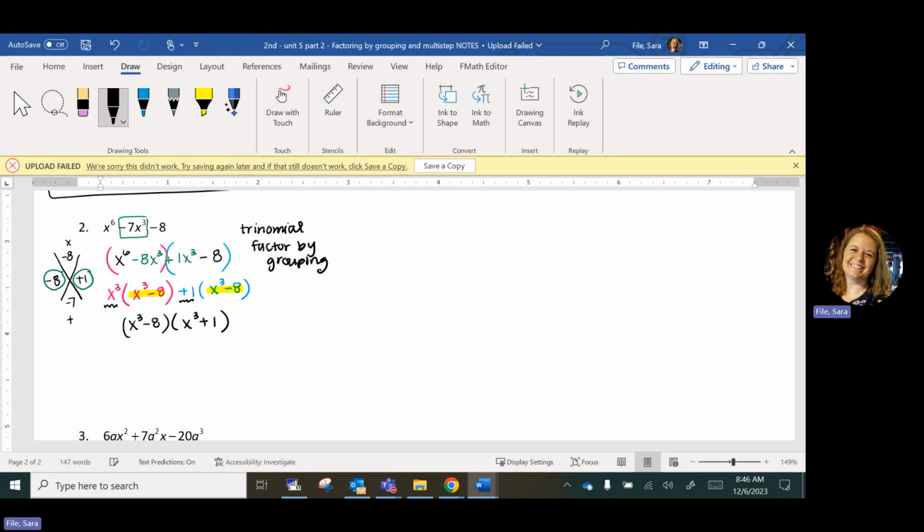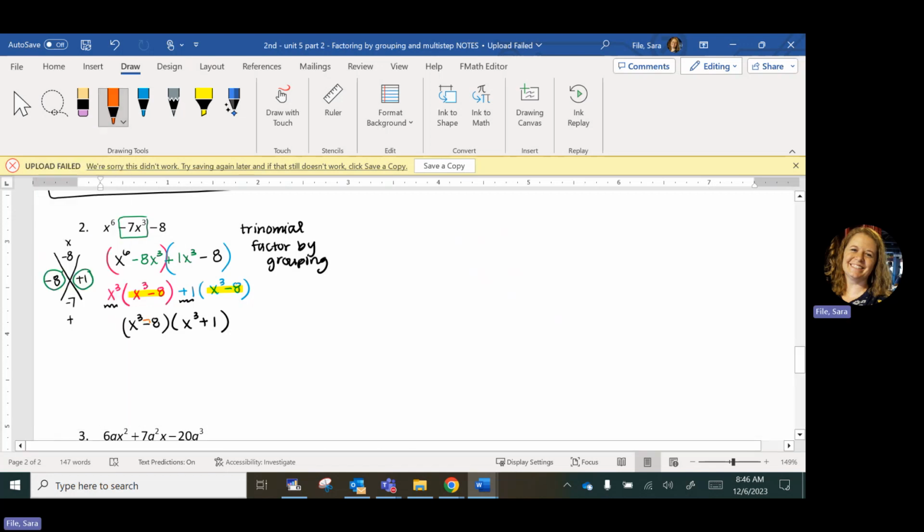That is not completely factored, because if you look at these binomials, all of the terms in both of these are perfect cubes. The variables are cubed, and 8 and 1 are both perfect cubes, right? So I can actually take both of these a step further.